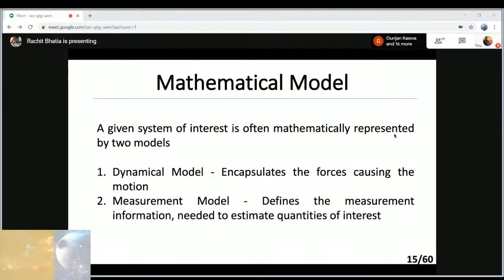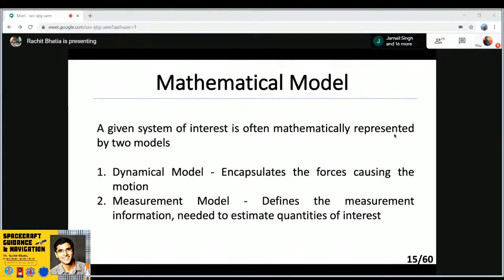If you have a spacecraft, there will be gravity, atmospheric drag, solar radiation pressure, lunar gravity, etc. And then there's the measurement model, which defines the measurement information that is being processed to estimate the quantities of interest.